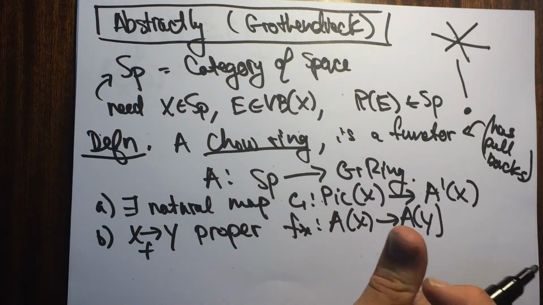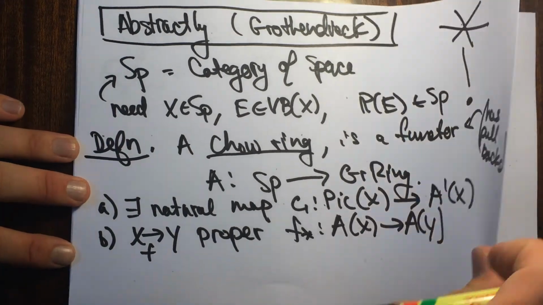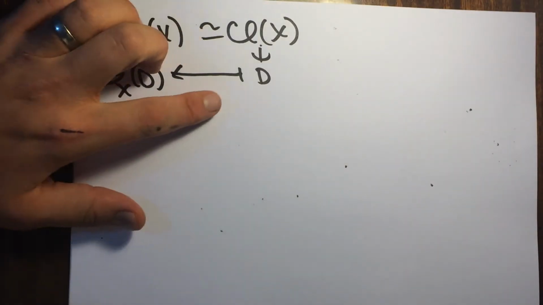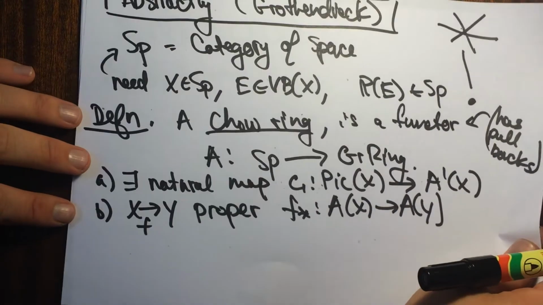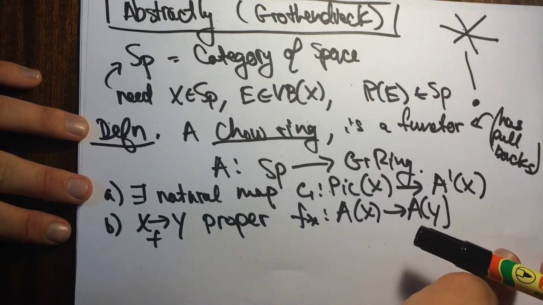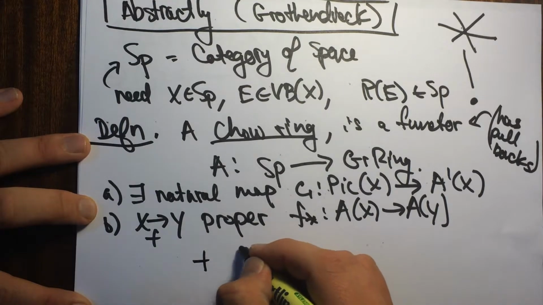It's called c1 because this will end up being the first Chern class. This is actually the first Chern class construction: you take this guy to its divisor. Okay, and then there are 4 axioms plus 4 axioms.